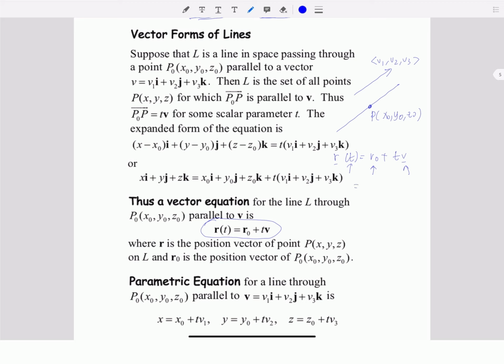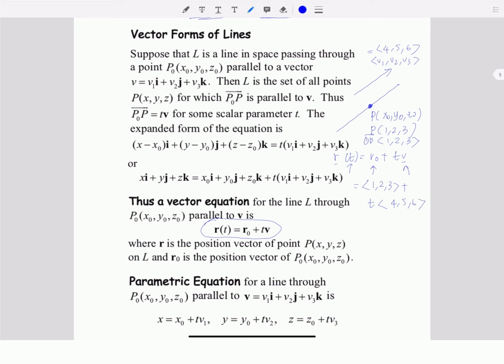For example, P is one point on the line, (1, 2, 3), so we need to find the position vector OP, which is the vector (1, 2, 3). Plus t times v, the vector parallel to the line, for example (4, 5, 6).